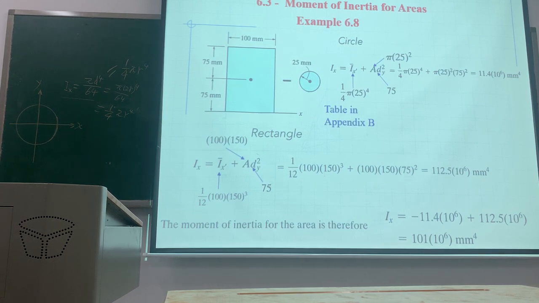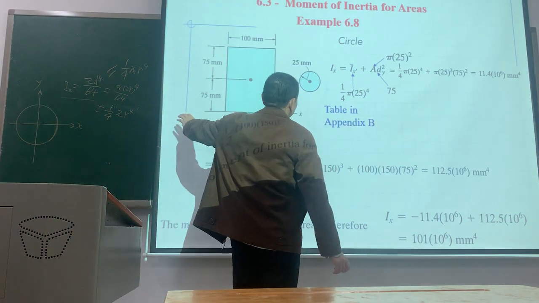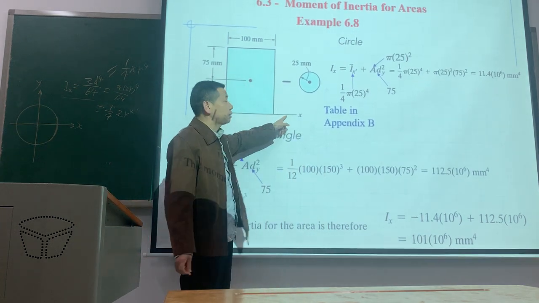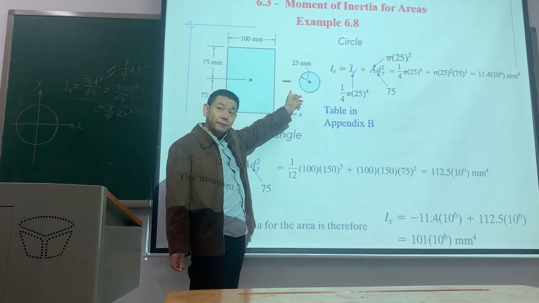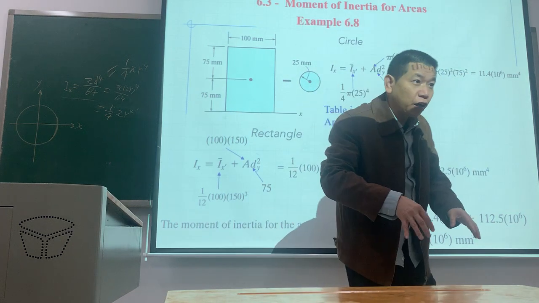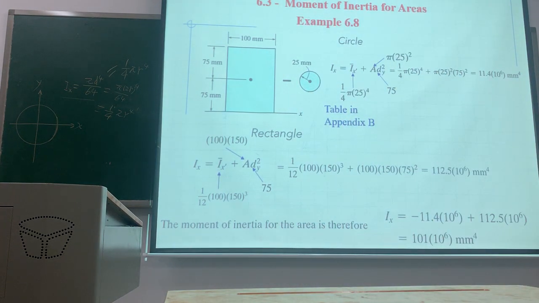We don't need it in practice. We don't ask you to find the moment of inertia for the x-axis. We just find the moment of inertia of the x prime. But now I just want you to know how to find the moment of inertia.